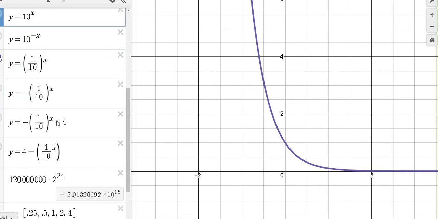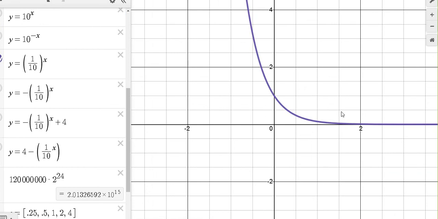Now what else can I do? Well, to get it more and more like the formula that we were given, which is down here at the bottom, I can multiply this by a negative. What's multiplying this by a negative going to do to my graph here? Flip it over the x-axis. Flips it over the x-axis. Spot on, Janae. Yay, bonus points for Janae. So let me shut this off. Now I've got this graph.